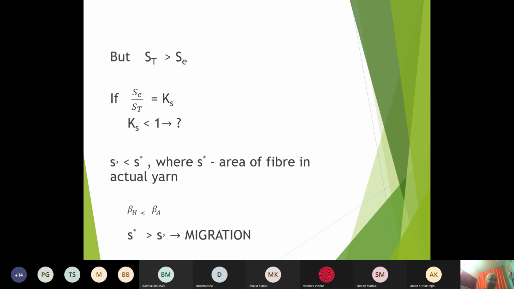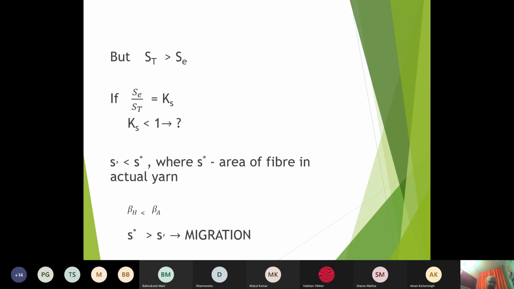So now two situations are happening. Due to this, the moment we consider the twist in the yarn, my number of fibers in yarn cross section will reduce, but the area of individual fiber will increase. And my total area in the yarn depends on the number of fibers as well as the area of individual fibers.